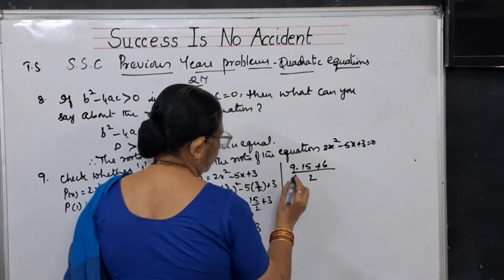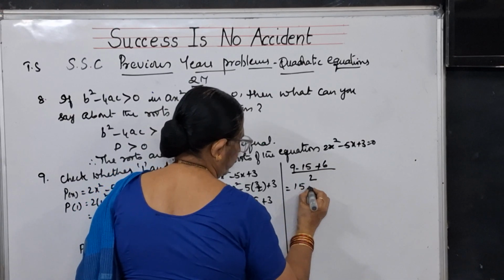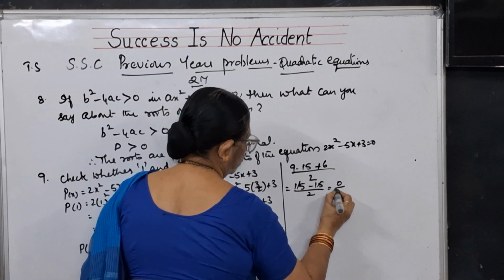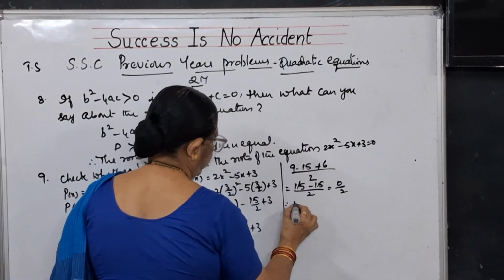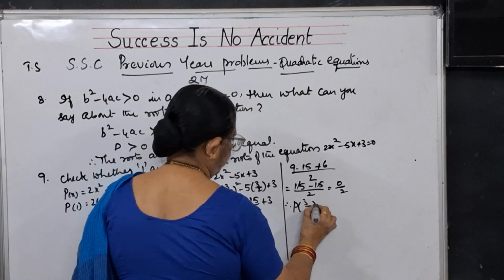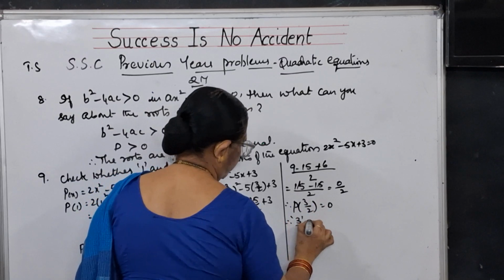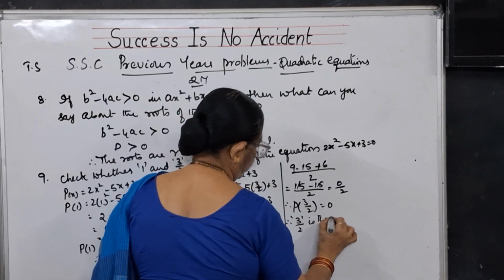So this is equal to 9 plus 6 is 15 minus 15 by 2. These two will get cancelled, 0 by 2. So P of 3 by 2 is equal to 0. Therefore, 3 by 2 is the root.